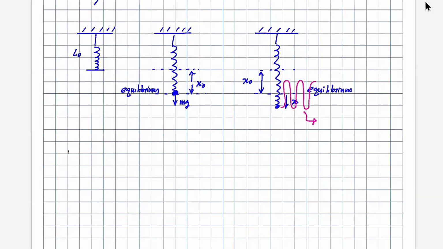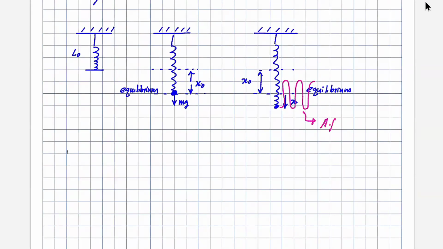After perturbation, the system shows a simple harmonic oscillation.